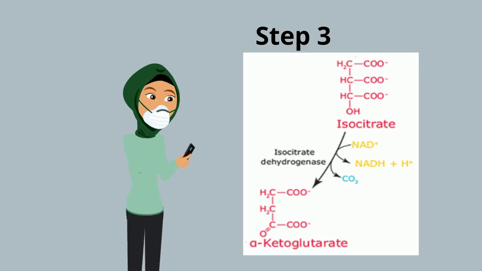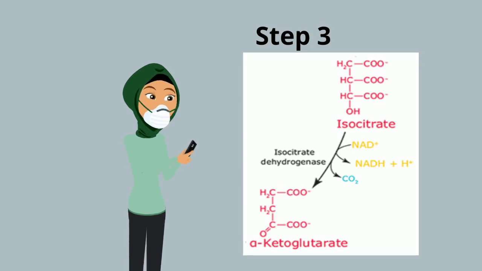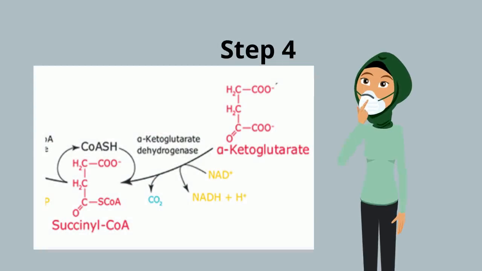This reaction comes with isocitrate dehydrogenase, which regulates the speed of the Krebs cycle. In the fourth step, alpha-ketoglutarate transforms to succinyl-CoA by enzymatic decarboxylation and oxidation. The enzyme catalyzing is alpha-ketoglutarate dehydrogenase. During the reaction, it releases carbon dioxide and NAD+ is reduced to form NADH.